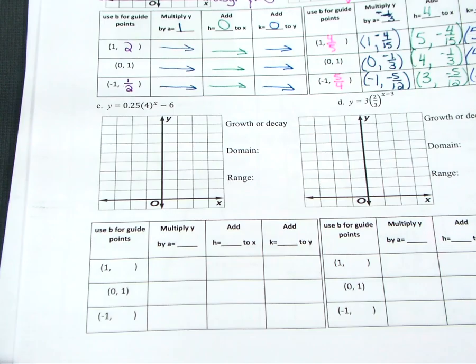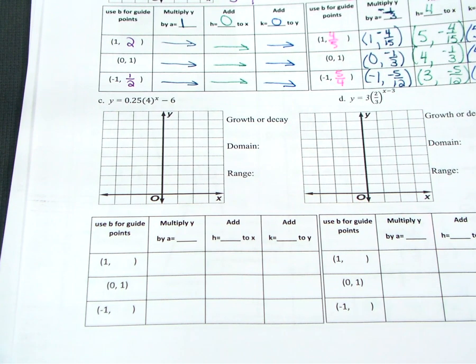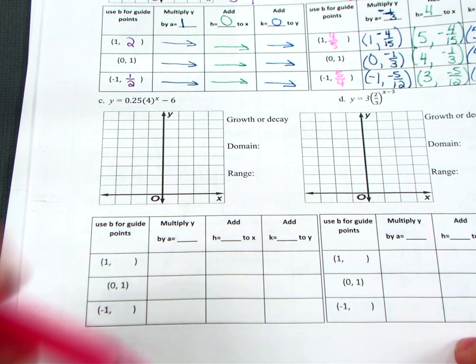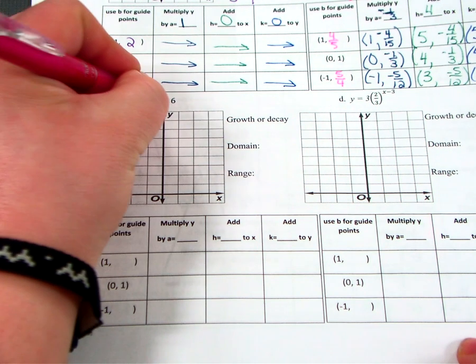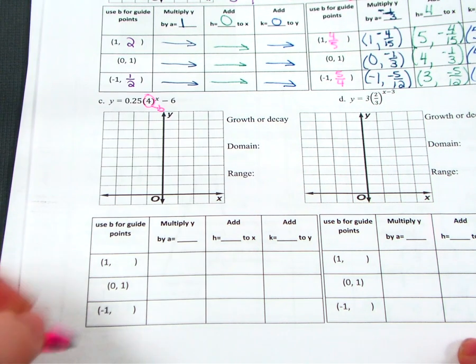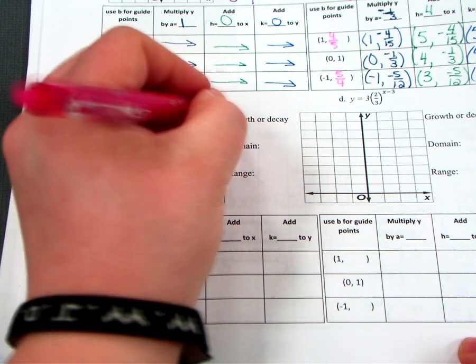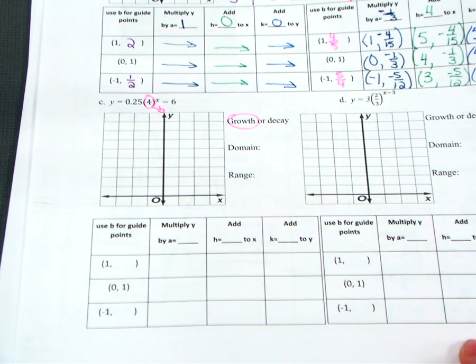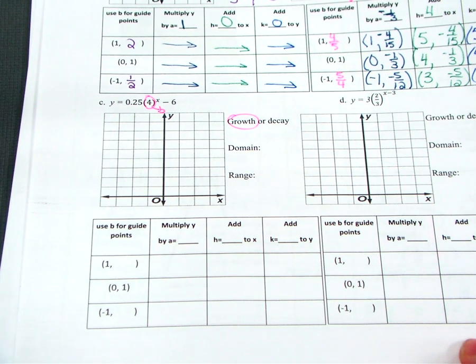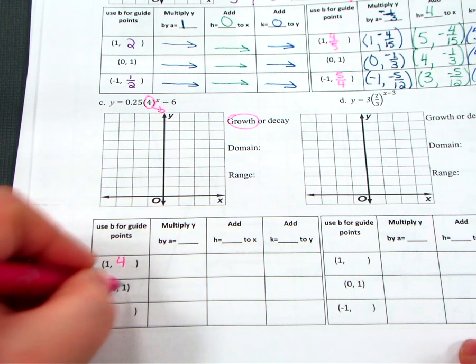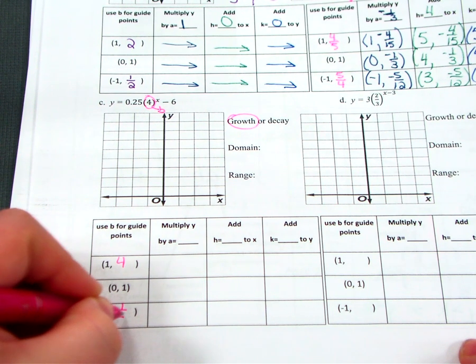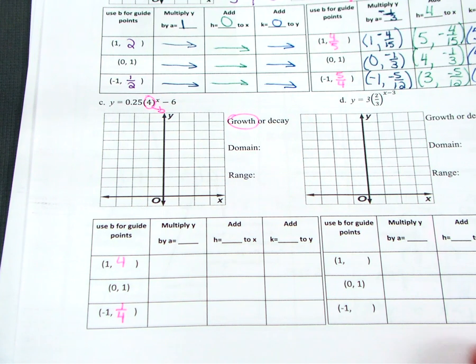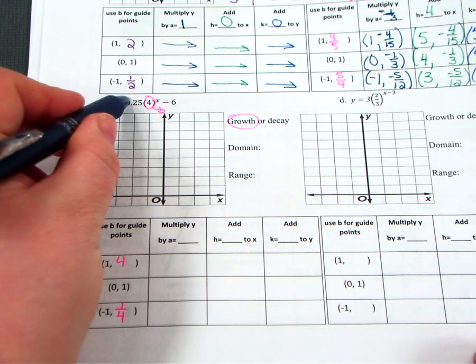Let's take a look at C. Locate that B value first. There's B. It's bigger than 1, so that represents growth. So our guide points are 1, 0, -1, B, 1, 1 over B. Now let's locate what A, H, and K are.